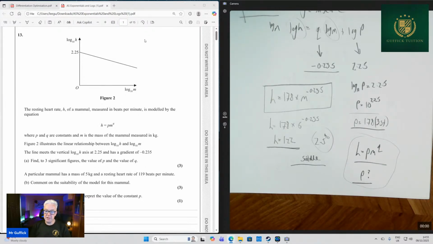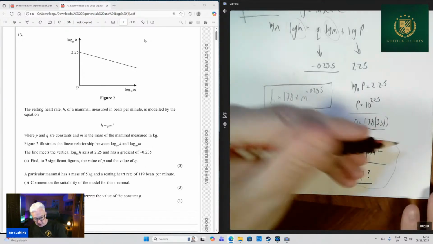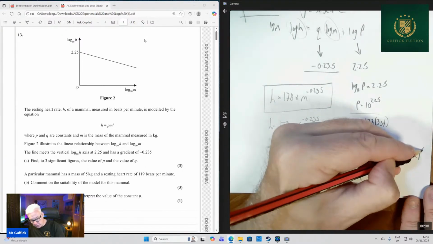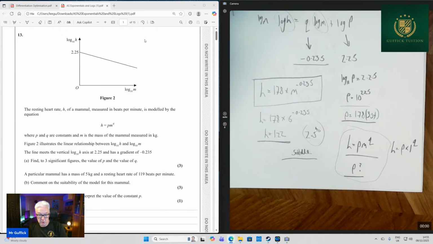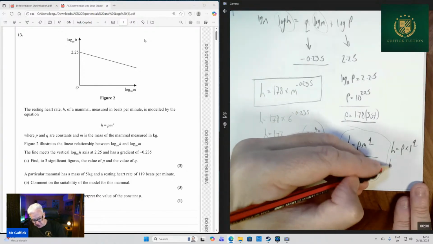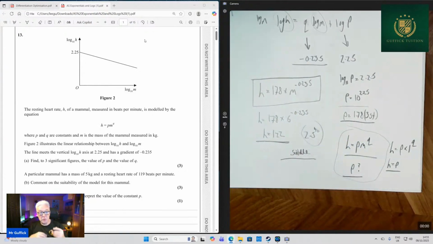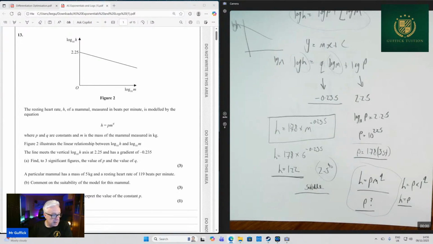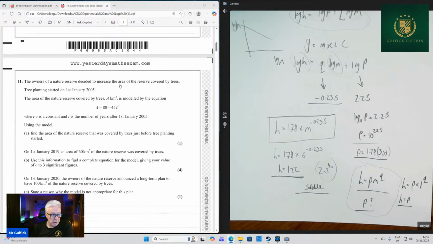And the answer is, if you imagine you've got a mammal that has a mass of 1 kilogram, then the equation would become H is equal to P times 1 to the Q. But 1 to the Q is just 1, so therefore it would just be H equals P. So it's the resting heart rate of a mammal with a mass of 1 kilogram. Okay, so that's what that bit is. Now that's a really important style of question, comes up a lot.